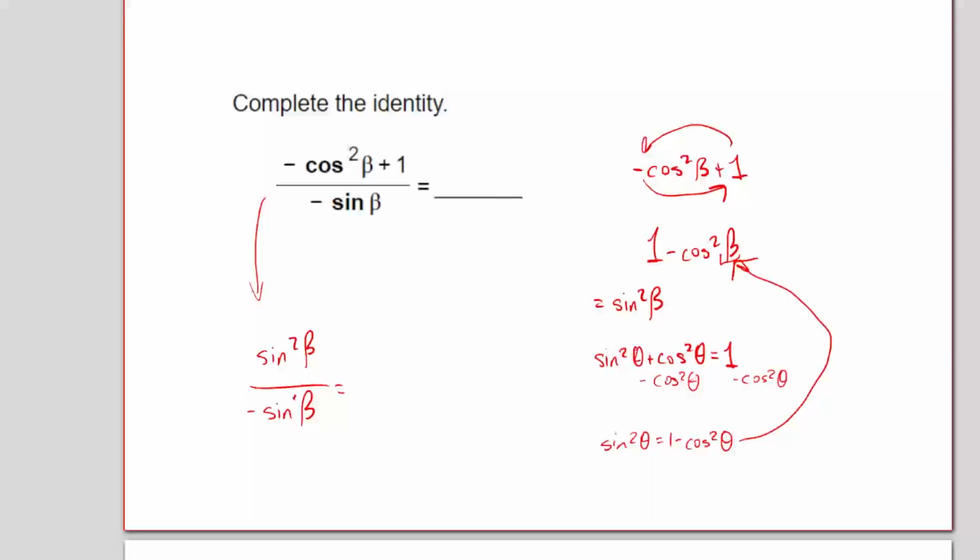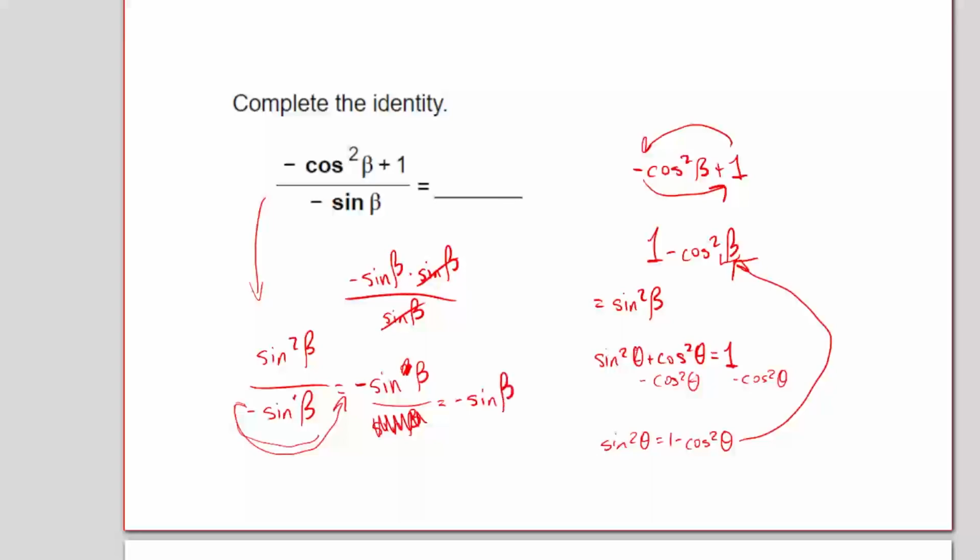We take this negative right here and put it in the front, and then this sine squared cancels with the sine on the bottom, because this is like writing sine beta times sine beta over sine beta. You can cancel them out, and we'll just be left with negative sine of beta, and that's the answer to our question.